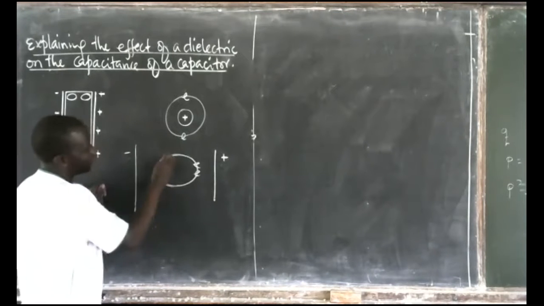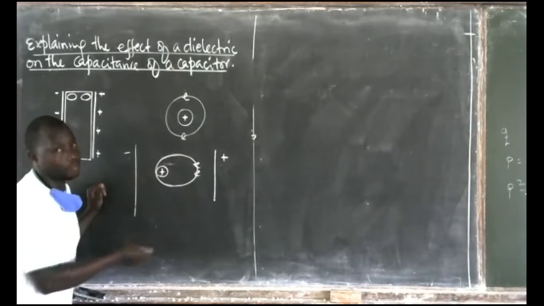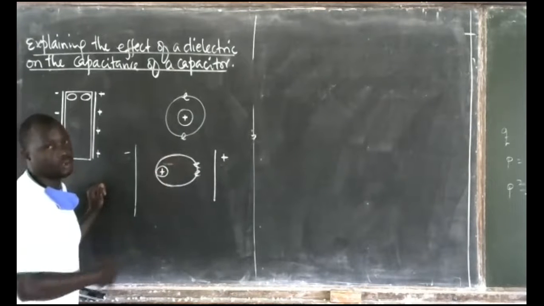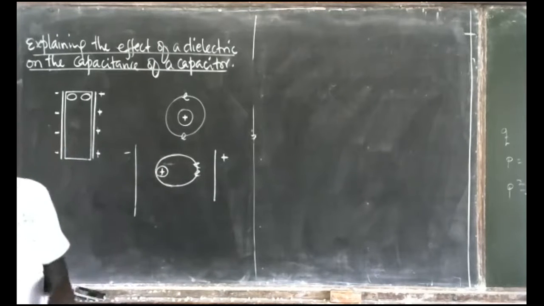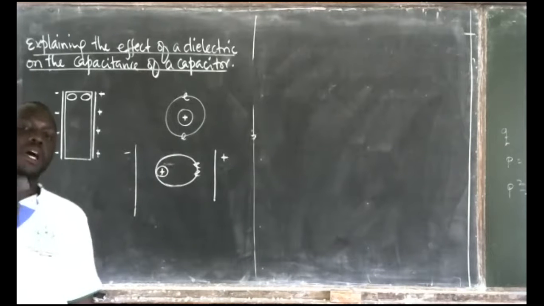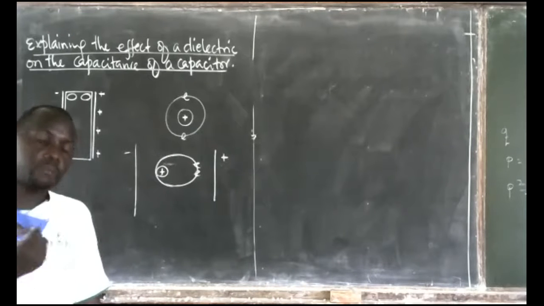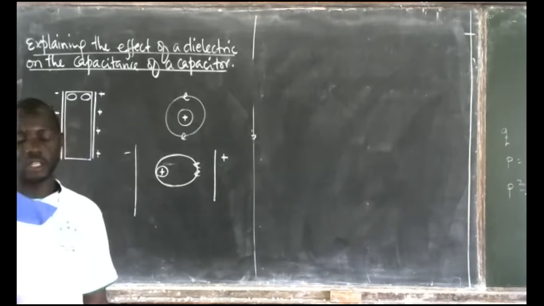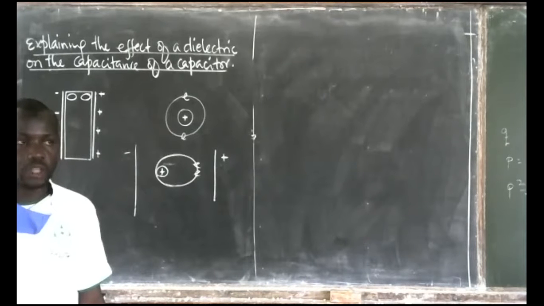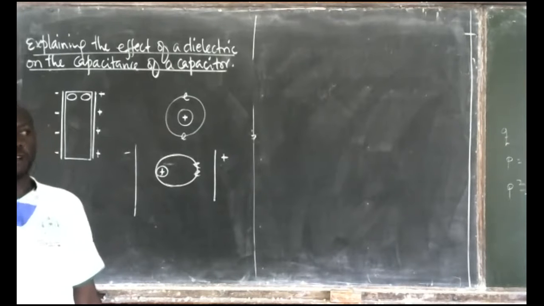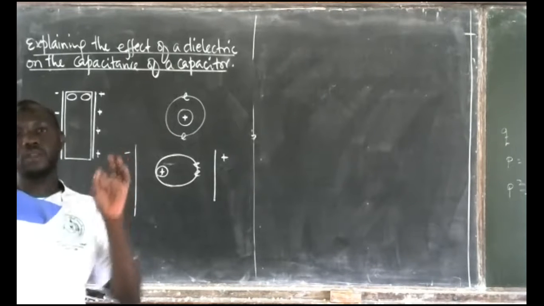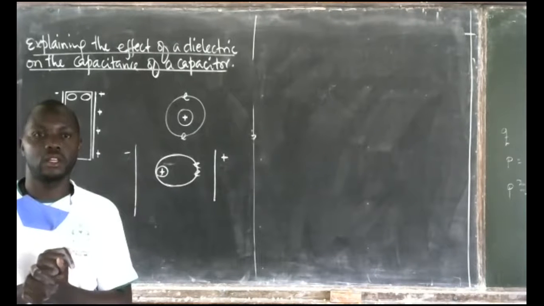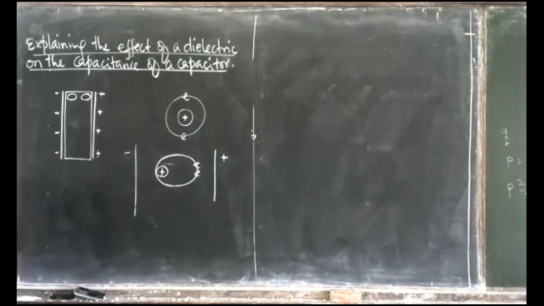So in such a case, when it acquires an oval shape because of that transition that has occurred, we say the molecule has been polarized, or sometimes we say it has been distorted. Why? It was circular, now it is becoming oval because of the rearrangement of the charges within it. So we want to say these molecules within here will have to rearrange, causing the negatives there and the positives on this side.